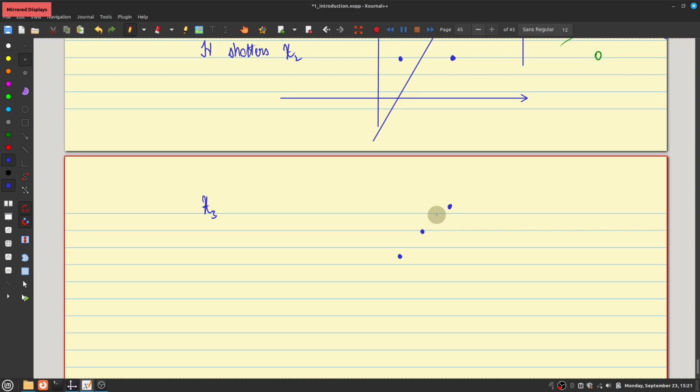Why do you think it's not possible to shatter them? Right, you can get everything else except perhaps 1 0 1 or 0 1 0.